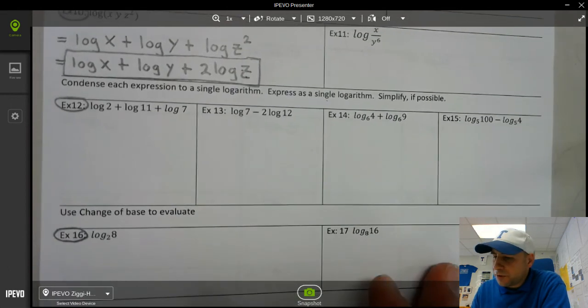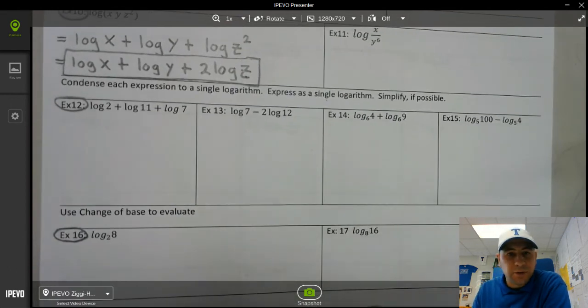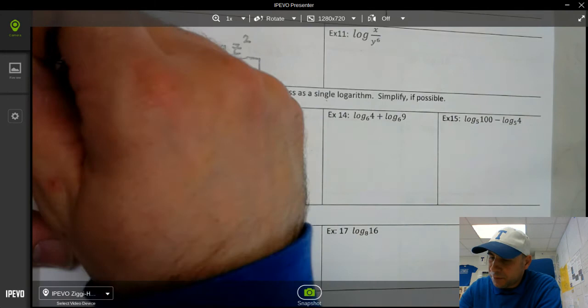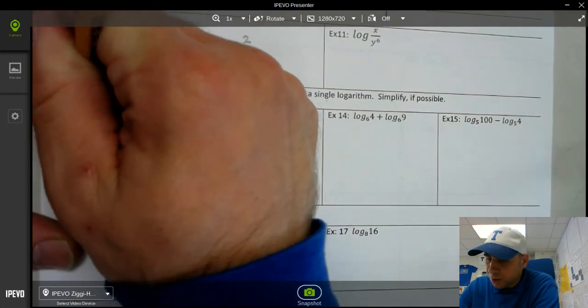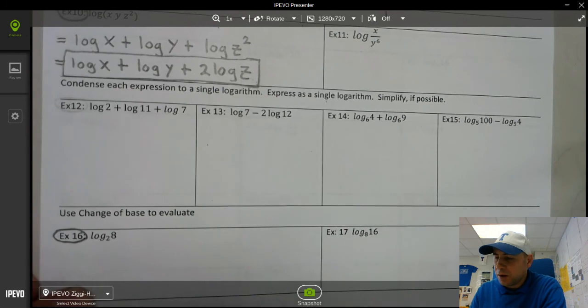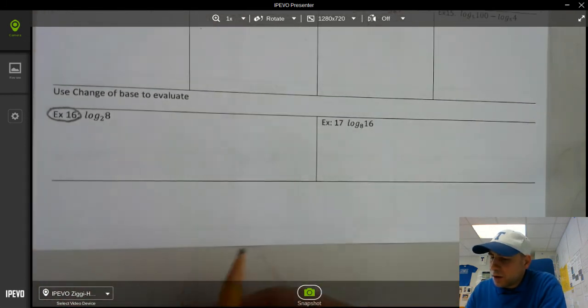All right, now it says condense each expression to a single logarithm. Express as a single logarithm, simplify if possible. Whoa. I thought about that, but I have a feeling that's a lot going on there. So I'll do this entire row in class. I think it'd be better because then if you had questions on that. All right. Use the change of base to evaluate.